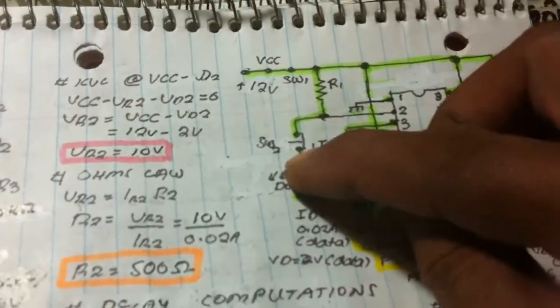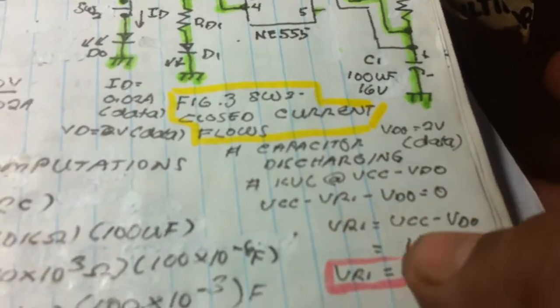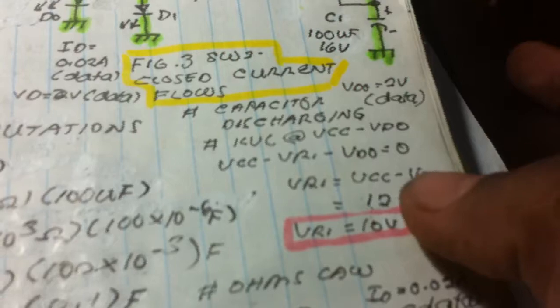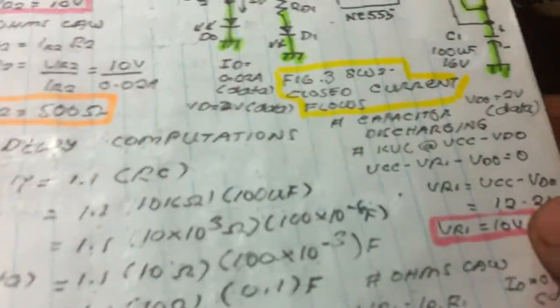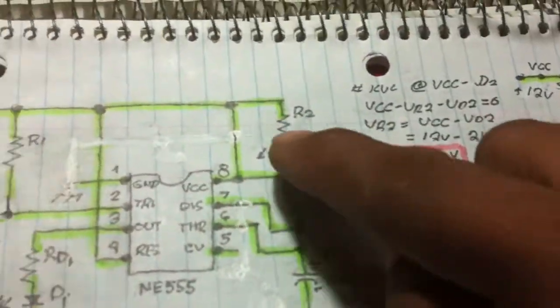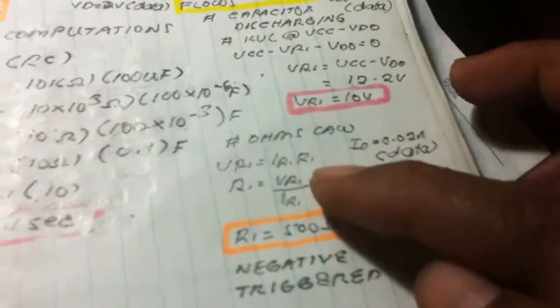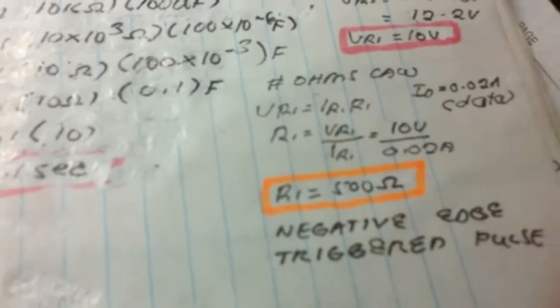We can compute the value of the resistor using KVL: minus VR1, then transposition and calculation, we get 10 volts supply at R1. Then with Ohm's law, we get 500 ohms.